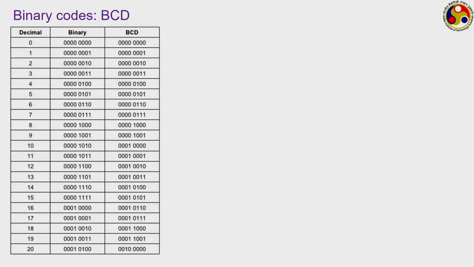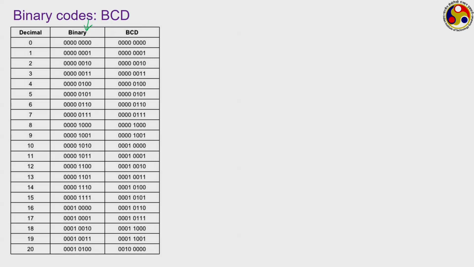The first one we have is called BCD, or binary coded decimal. Here the idea is each digit of a decimal number is treated separately, like we are showing here the chart of decimal digits from 0 to 20, and corresponding binary numbers are also here. I am sure you can calculate this binary, but in the third column you have the BCD representation.